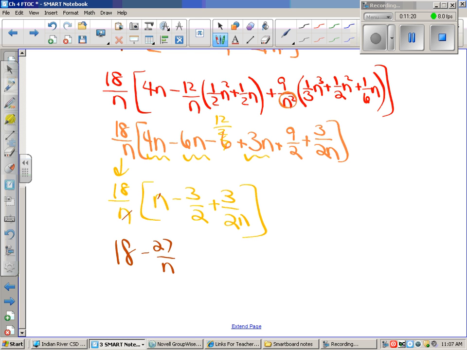Yep. You have 18 over n times negative 3 over 2. The 2 goes into 18, giving you 9, negative 27 over n. All right, now 18 over n, we've got another 3 halves. That's a positive 27, right, over n squared. You good with that?